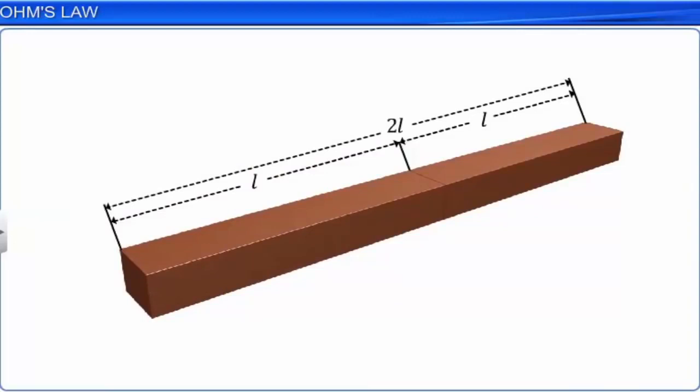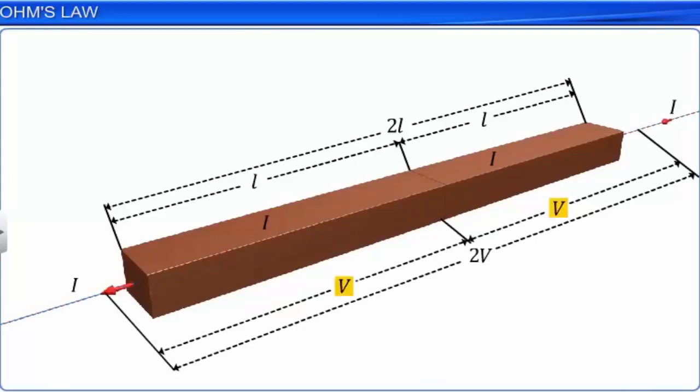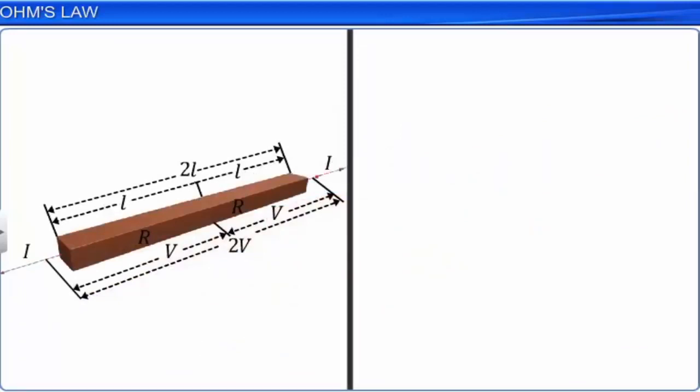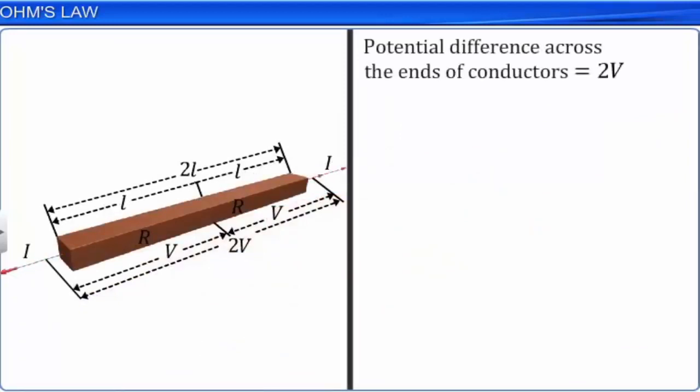The current I flowing through this combination is the same as that flowing through the individual conductors. The potential difference V across the ends of each conductor should be the same as they are identical and the same current I is flowing through them. The potential difference across the ends of the combination of the two conductors is 2V.